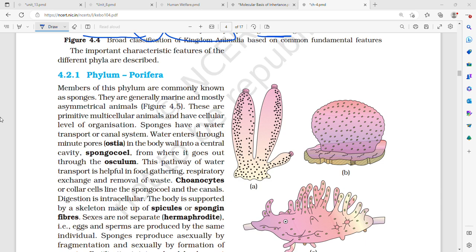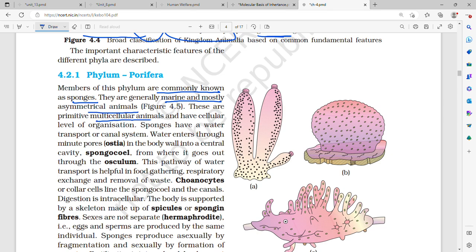So now let's get back to the chapter Porifera. Members of this phylum Porifera are commonly known as sponges. They are generally marine and mostly asymmetrical animals.